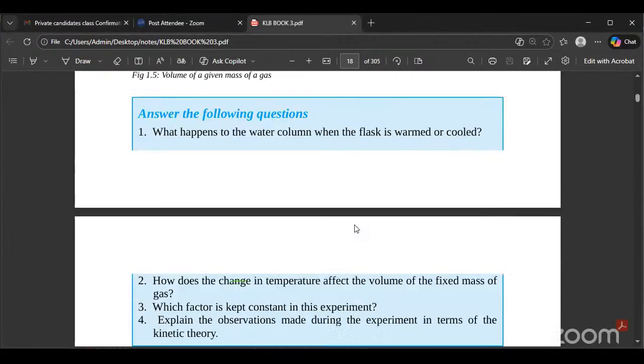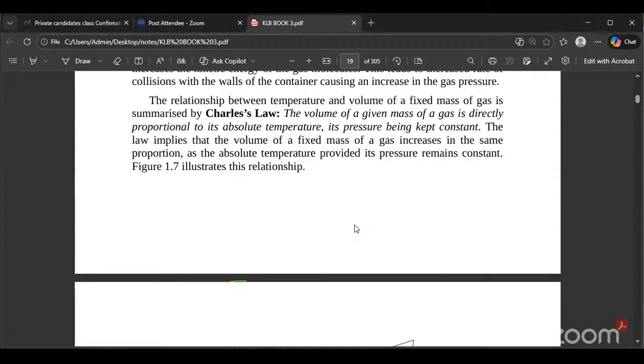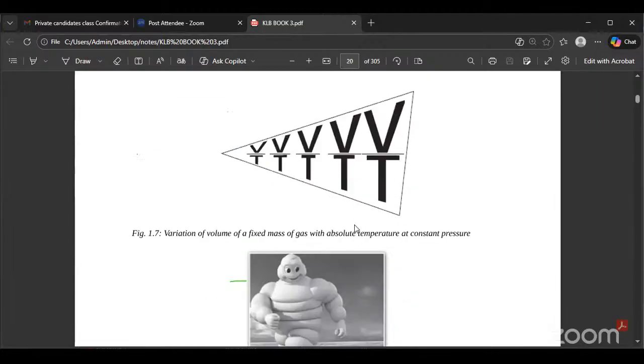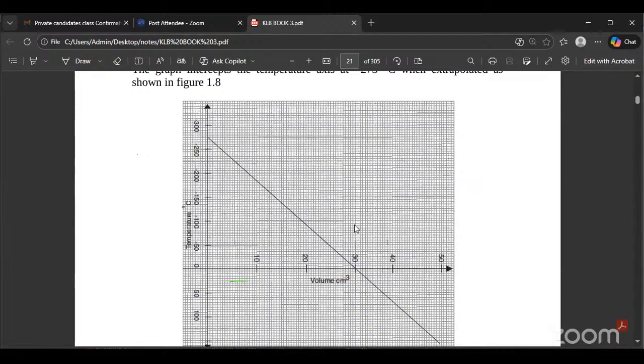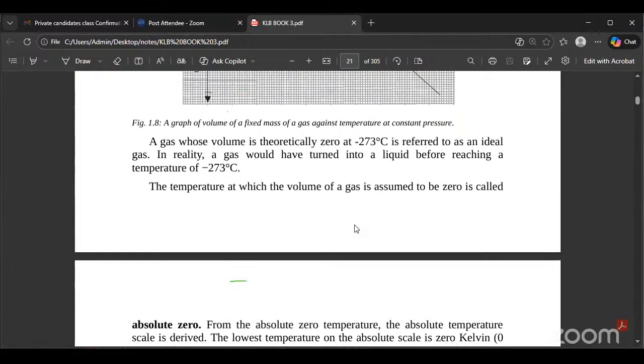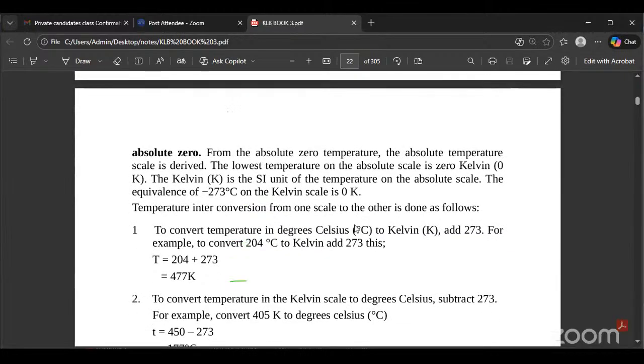Now Charles' law. So Charles' law, do you have to state it? The volume of a given gas is directly proportional. So I said Charles' law is directly proportional. Boyle's law is inversely proportional. That one we did, so it is okay. All of those ones we did. Now we even did the graph where we said we have the absolute 0. Now, when we are converting temperature in degrees Celsius to Kelvin, that one is very important because it is something that will be there.